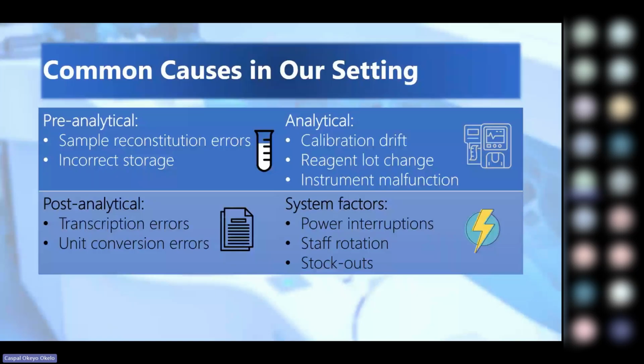You have reagent stockouts leading to emergency substitutions, or high workloads and staff rotations with limited supervision during peak hours. And these realities always influence the stability of the system. So when performing a root cause analysis, we must consider a holistic approach, including environmental and operational factors, not just the technical performance.